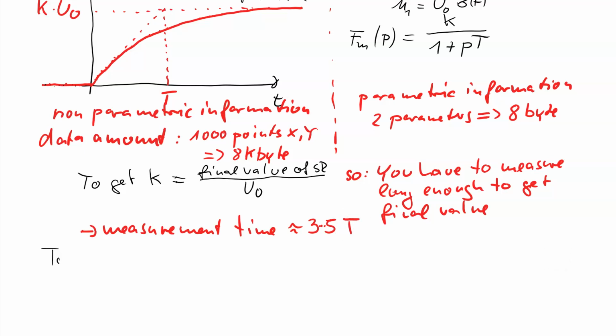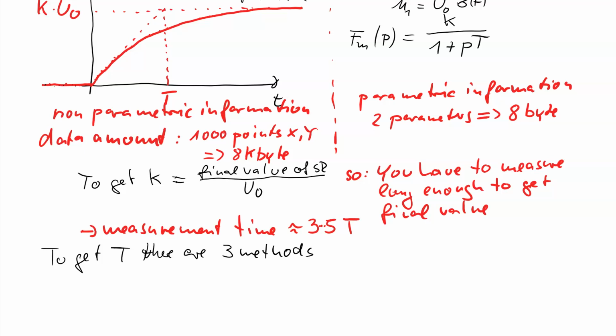To get T, there are 3 methods known in literature. Maybe there are more methods, but 3 typical methods I want to show you.